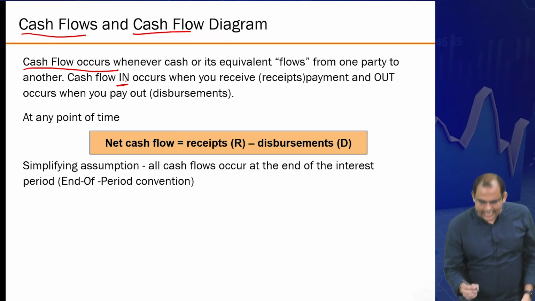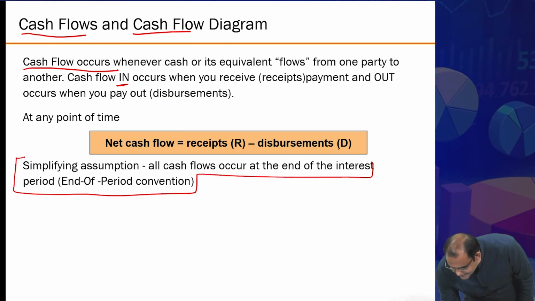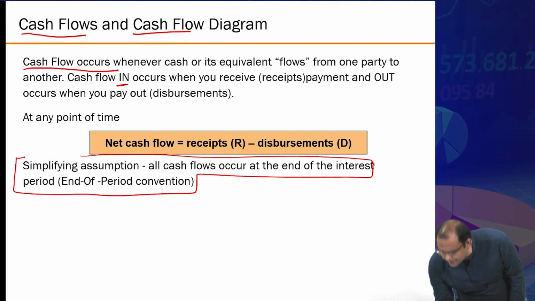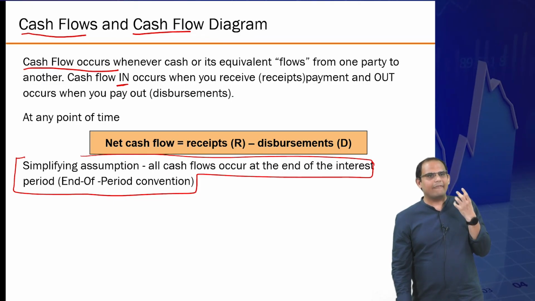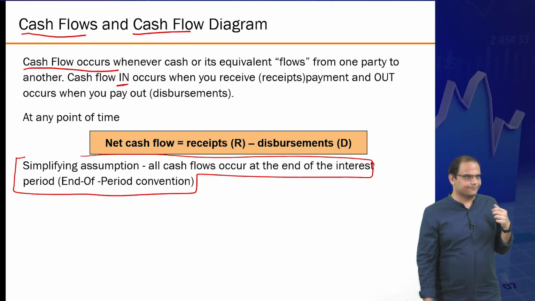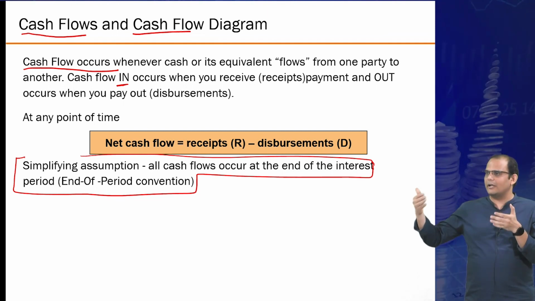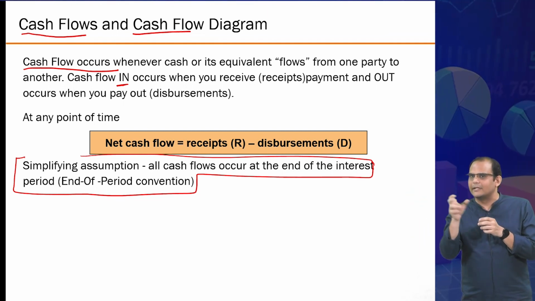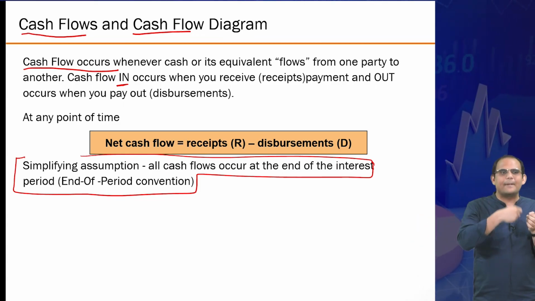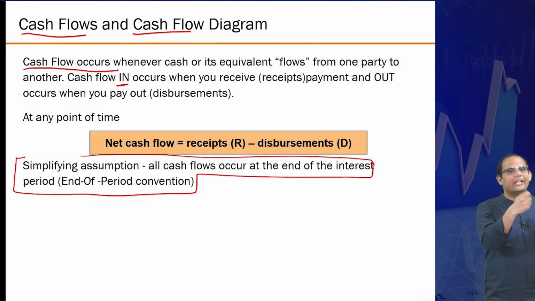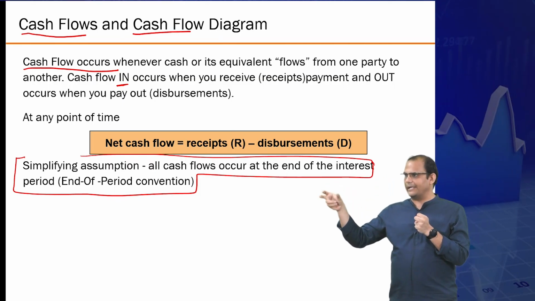We call something the end of period convention, and we use this convention very often in this particular course. The idea is, for example, if you have an interest rate on a monthly basis, can you imagine that on a construction site there will be no cash transaction within a month? Can it happen? You will typically be doing transactions on a much more frequent basis compared to the rate period that you have estimated, right?